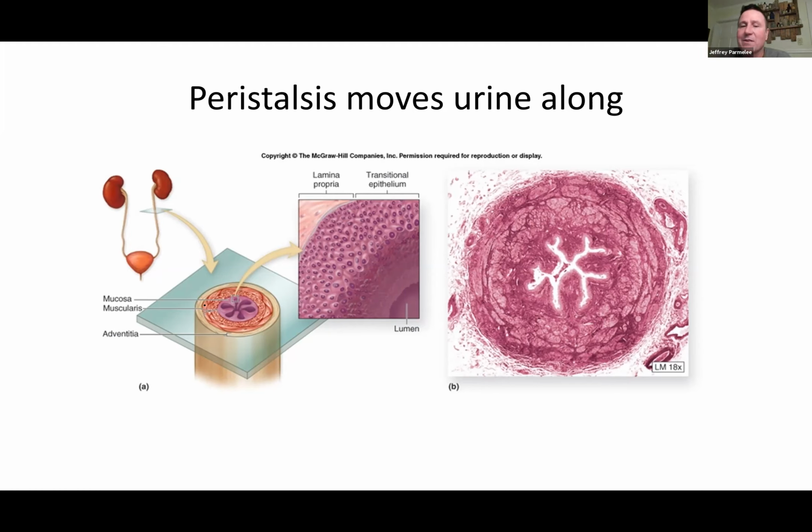So this peristalsis is the movement that moves things down your gut. It also is going to move the urine down this tube. Look at it, the middle kind of looks like a star shape. But then when it expands, it can get really big, if you're passing a stone or a lot of urine. So that's the inside of it, lined with transitional epithelium.